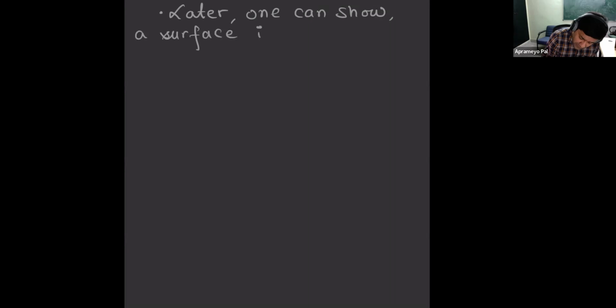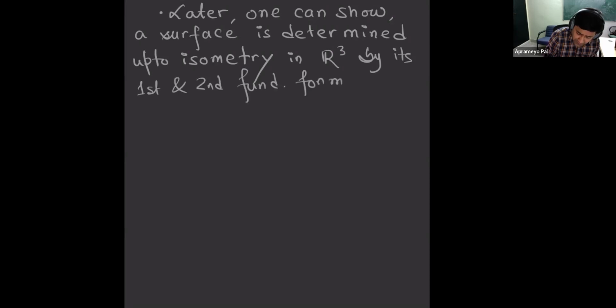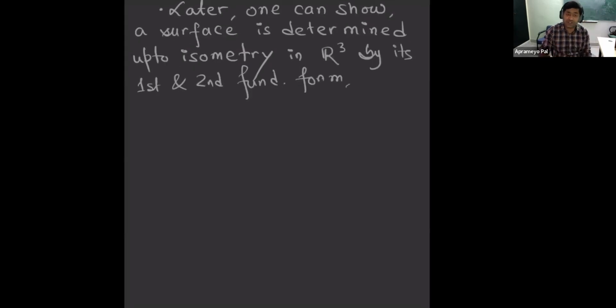And actually later we would see, one can show that a surface is determined up to some isometry in R3 by its first and second fundamental forms. Okay, so this you should remember.